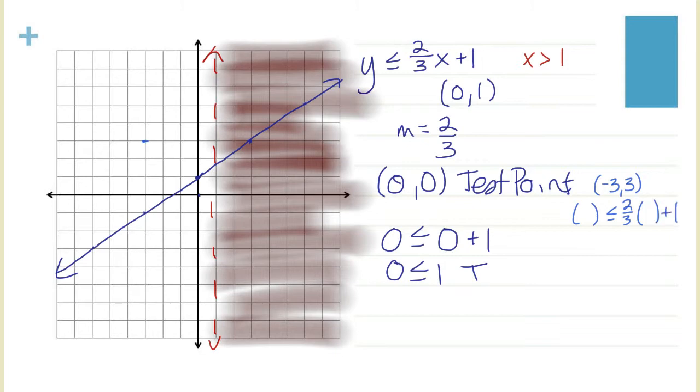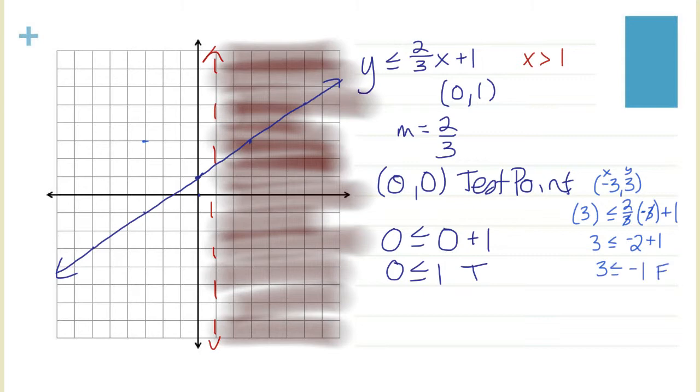I'm going to put my y in here and my x in here. And so my 3's cancel, but don't forget about that negative. So this is -2. And so I get 3 is less than or equal to -1.